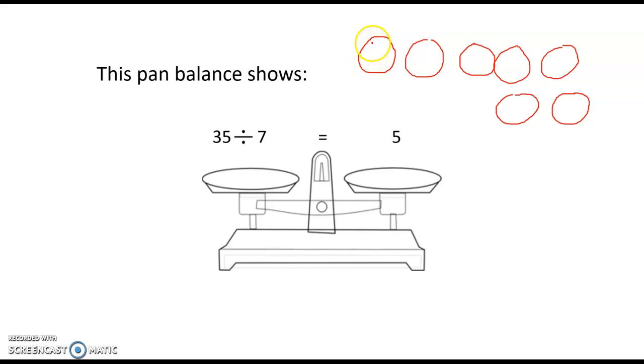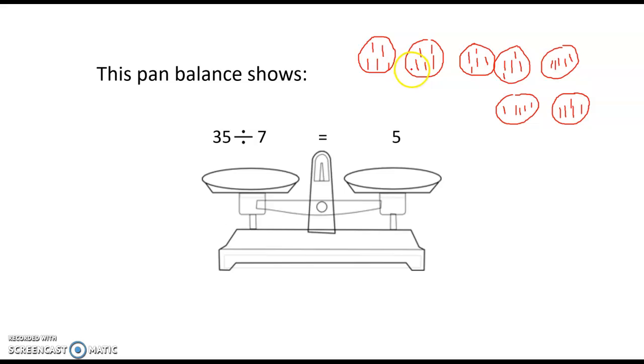And let's distribute 35. 1, 2, 3, 4, 5, and on up to 35.